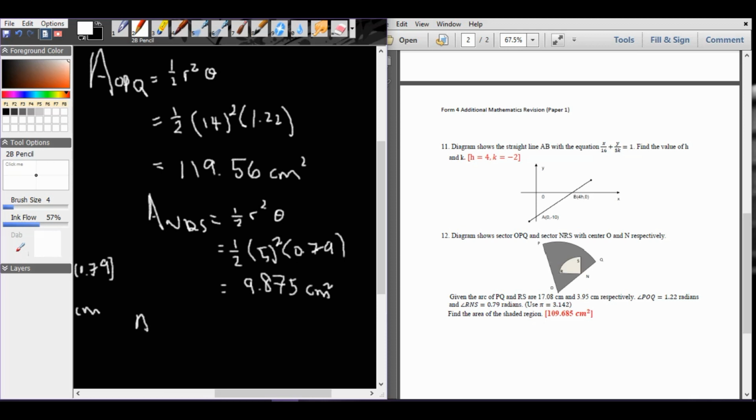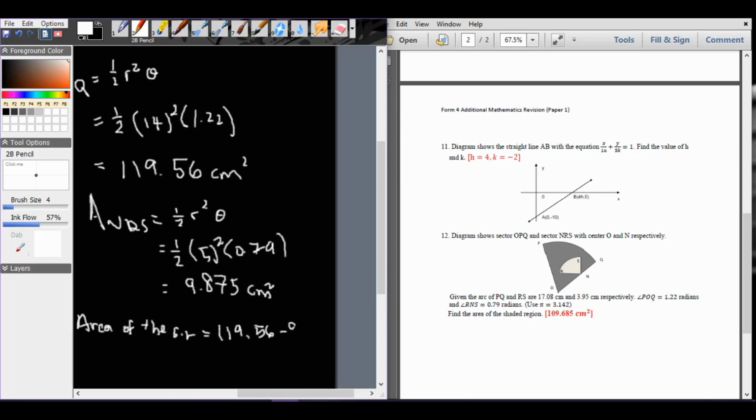Okay, so the area of the shaded region equals 119.56 minus 9.875. So this is equal to 109.685.